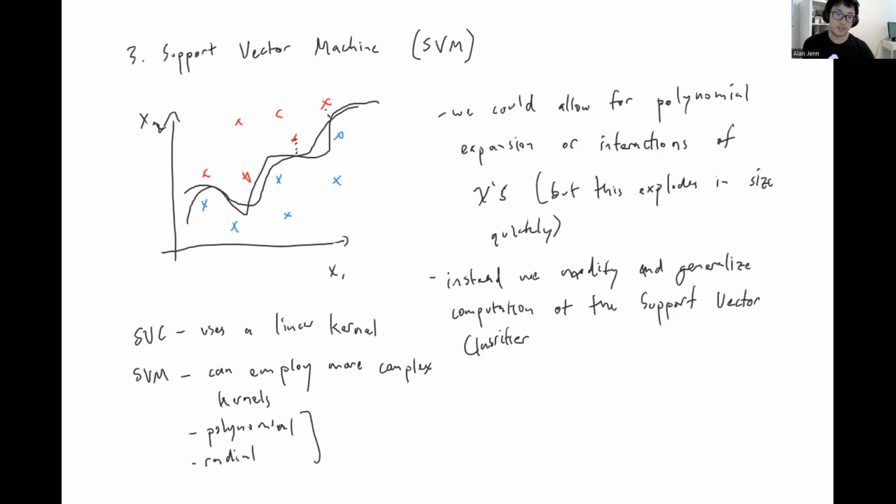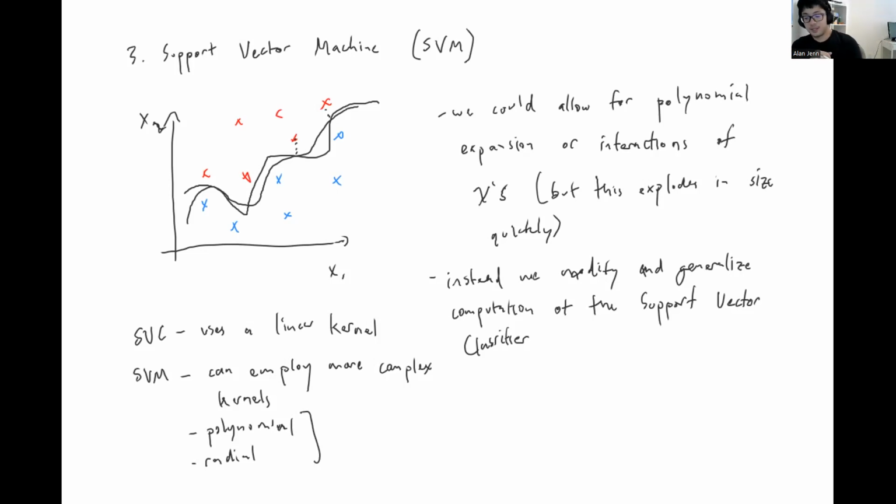There are some other things you can do too. And essentially, by introducing these into your optimization, it allows you to have more flexible hyperplanes that don't just have to be linear.